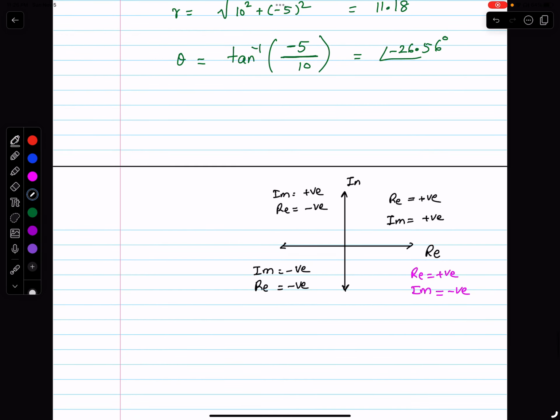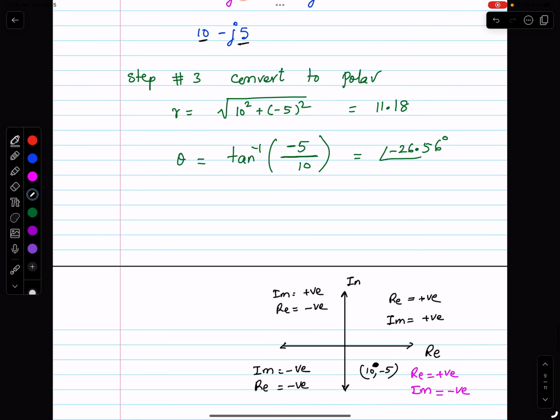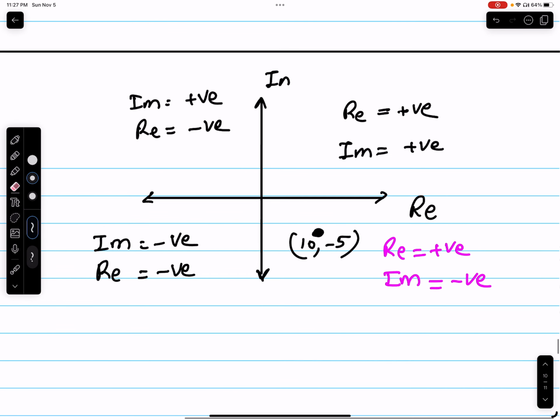Now, tangent inverse of negative 5 and 10. 10 is the real part, negative 5. So your point, 10 minus j 5, really happens to be in the fourth quadrant, bottom right.